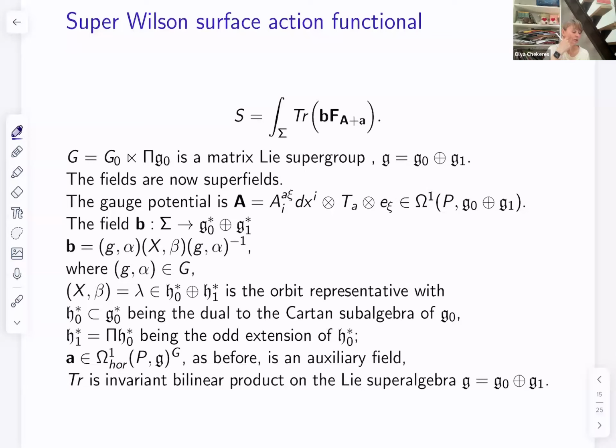So the matrix Lie supergroup G is now characterized by the even Lie group, and its Lie algebra is now a superalgebra, given by G0, the Lie algebra of the even Lie group G0, with some odd subalgebra added to that.